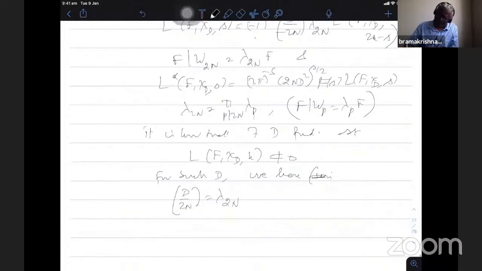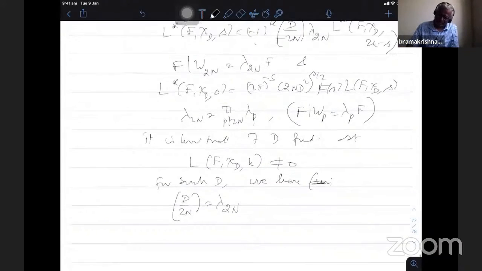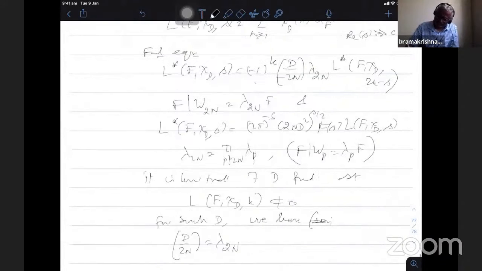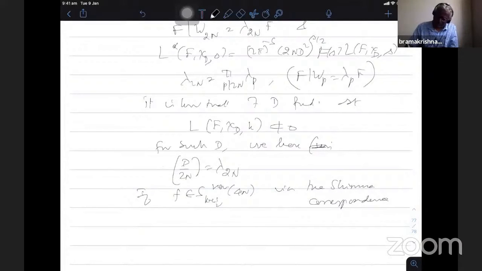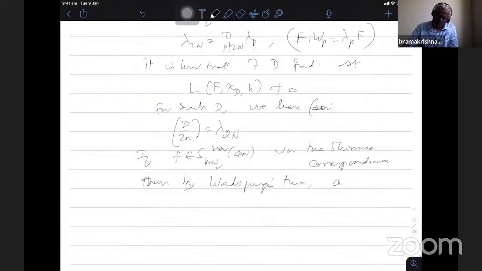Okay, so if f is a new form corresponding to the half integral weight form F, so if F belongs to S_(k+1/2)(4n) via the Shimura correspondence, I'm going in the reverse direction, then by the Waldspurger theorem, we have that a_F(|D|) is non-zero.